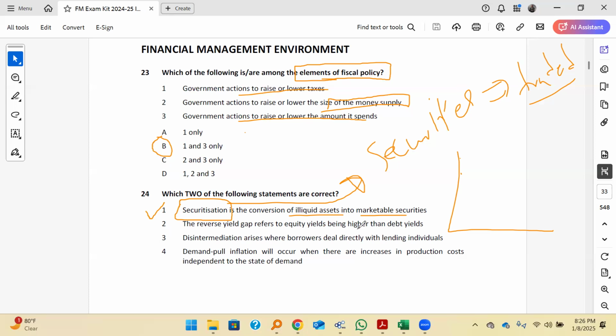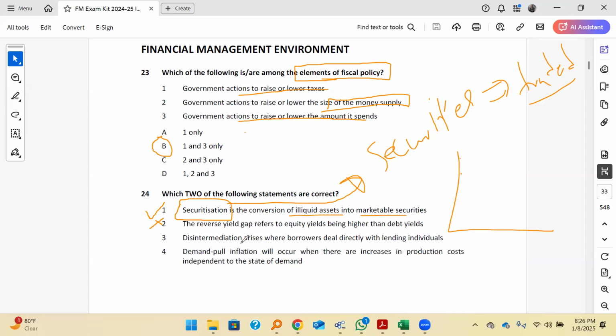Also, they are paid only when the directors declare a dividend. Whereas debt holders usually don't suffer losses. When they give you money, you pay them interest every month or every year, and you pay them their principal at the end of the loan period. So they don't care whether you're making profits or losses. Because of that, debt is usually cheaper. So if debt becomes more expensive than equity, then we have what we call a reverse yield gap. That means this statement is not correct because it's saying the other way around.